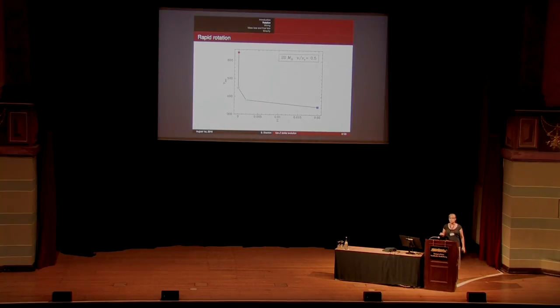This is very important, because it means that you can get a much faster rotation and still have an average ratio to the critical limit.